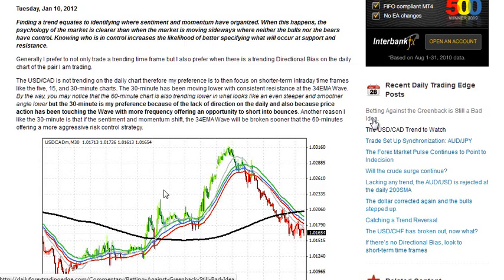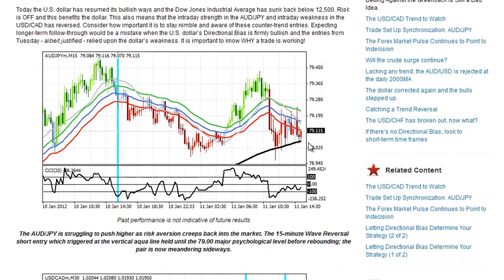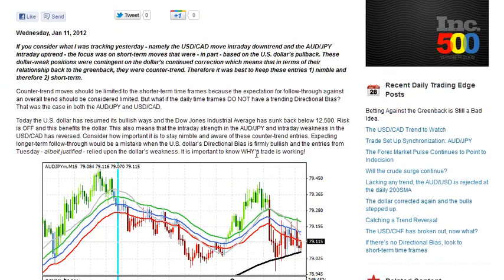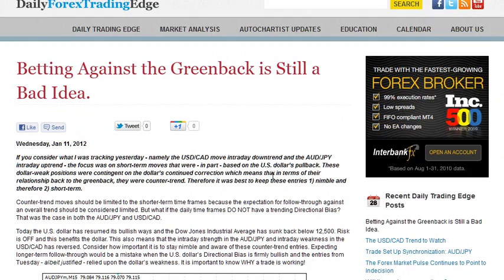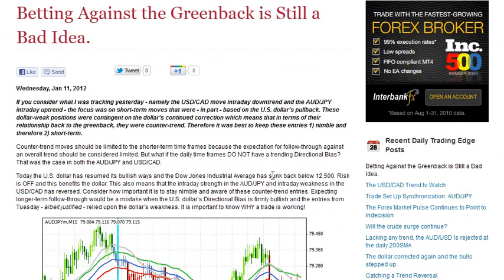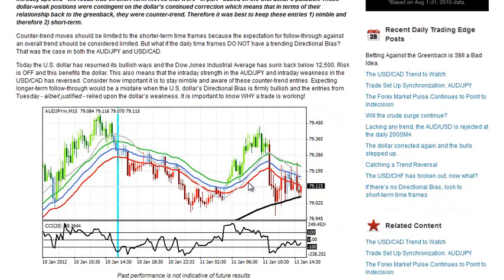And when the dollar finally came back around, when it rallied, I returned to the discussion where betting against the greenback is still a bad idea on the longer term. That doesn't mean we can't capitalize on the corrections lower, like we're going to talk about here today, but that we want to keep it nimble.